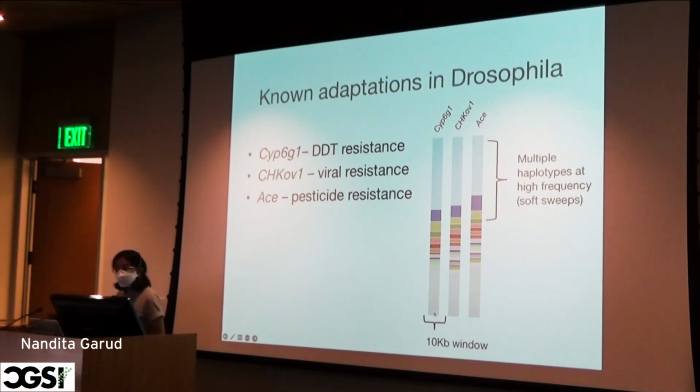And then these are all singletons. And so you actually see for these 3 positive controls, multiple haplotypes at high frequency. And so that's the hallmark signature of a soft sweep. And importantly, 2 of them arose from multiple de novo mutations, 1 from standing variation. So we see different types of soft sweeps.